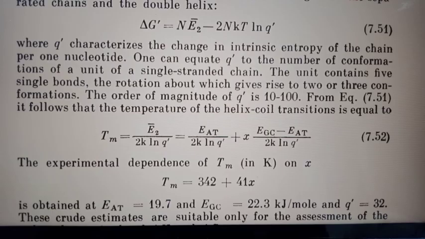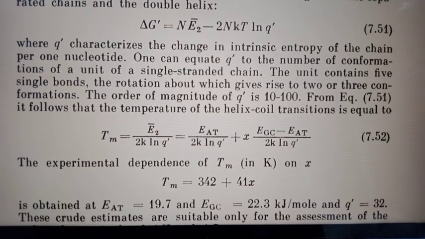One can equate Q dash to the number of the conformations of the unit of a single standard chain. The unit contains 5 single bonds, the rotation about which gives rise to two or three conformations. The order of magnitude of Q dash is 10 to 100, from equation 7.51.